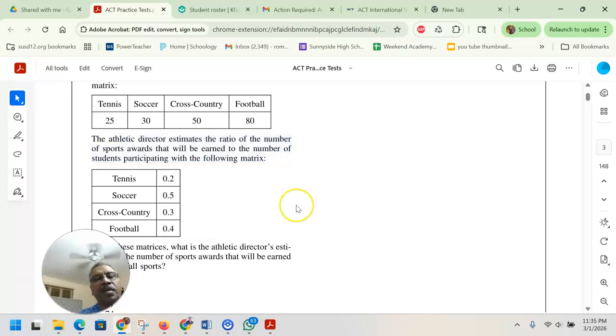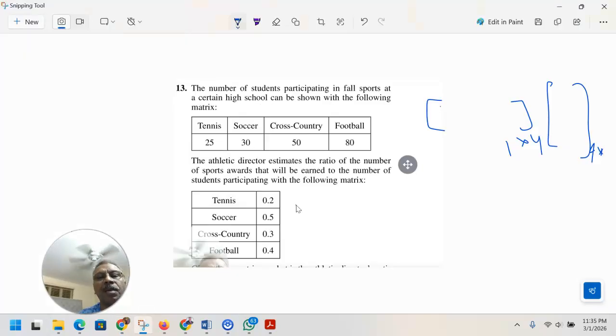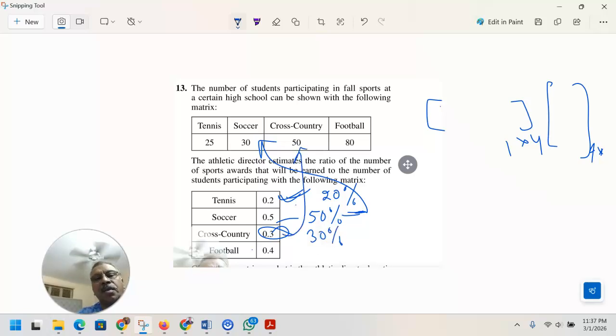So the weightage is given for each sport. They give you 0.2 weightage, which is like 20%. This is like 50% of the soccer. This is like 30% awards from cross country.